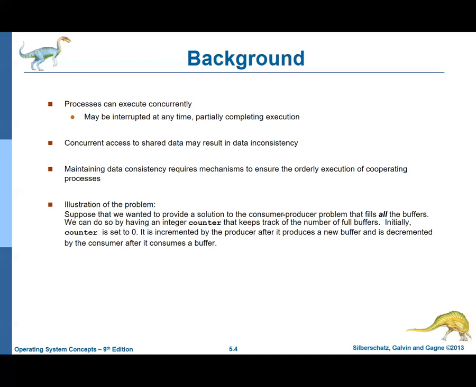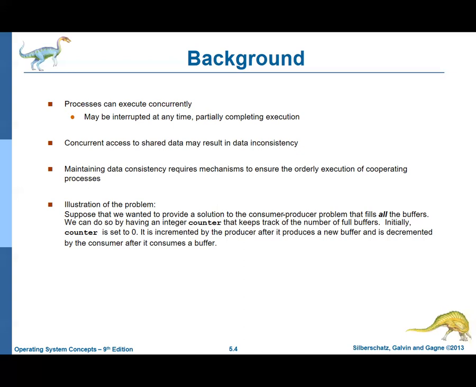So let's read what he wrote here. Suppose that we wanted to provide a solution to the consumer-producer problem that fills all buffers. Oh, because he introduced it and I didn't show it to you. We can do this by having an integer counter that keeps track of the number of full buffers.